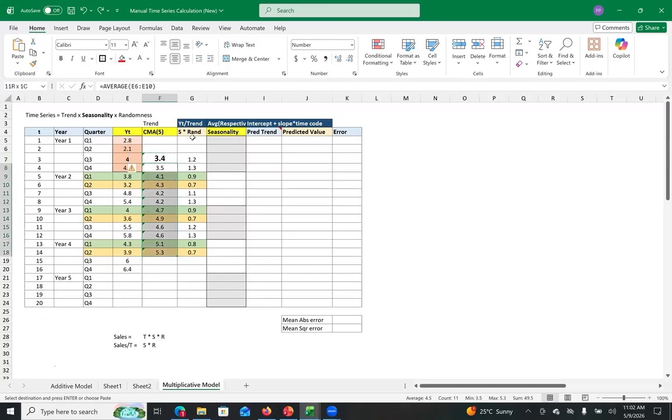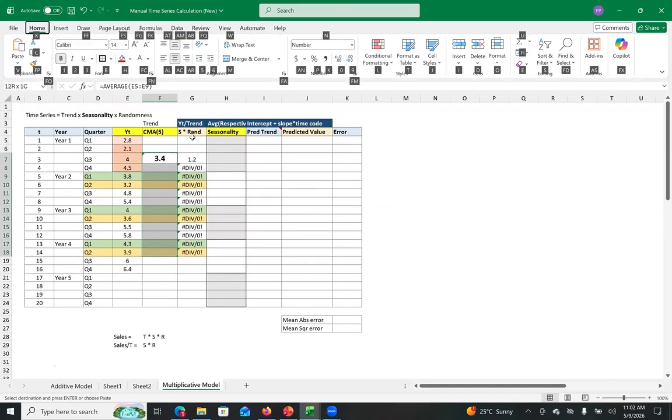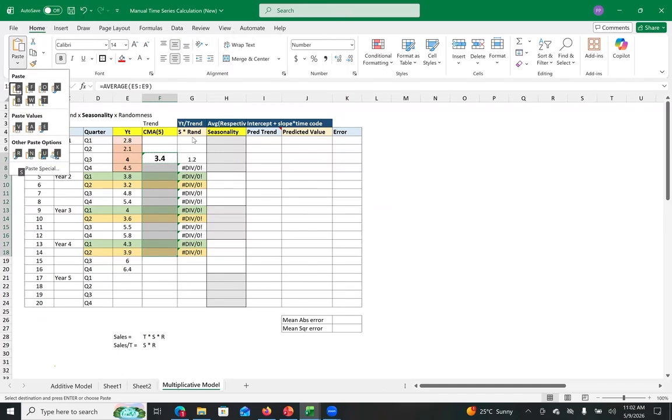So what I'm going to do is Control C. Let's say if this was not there, I'll do Control C, select the area, and Alt H V and then F. F is for pasting the formulas.